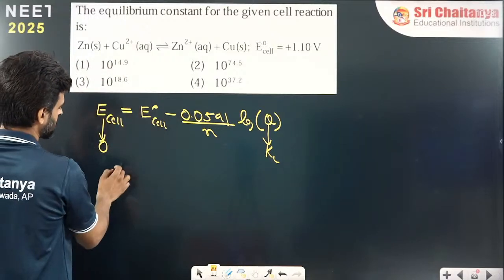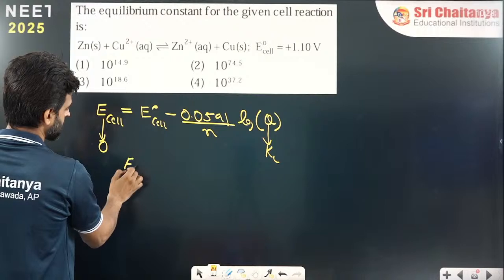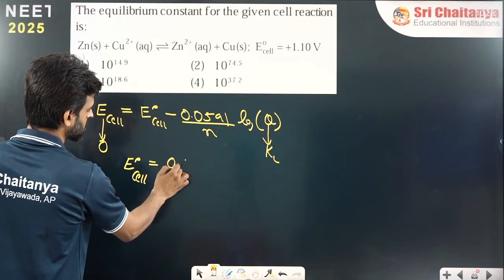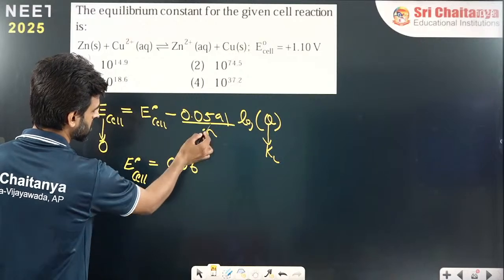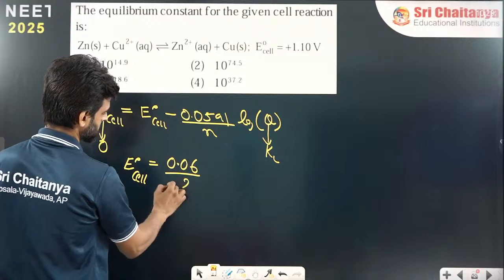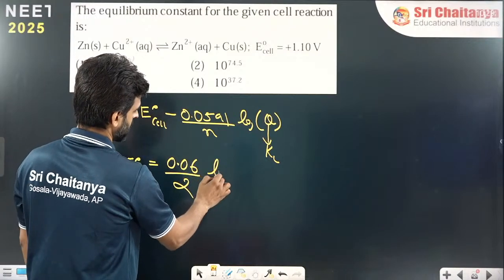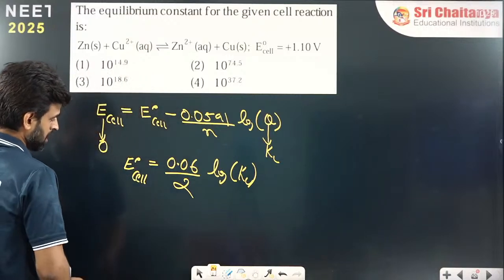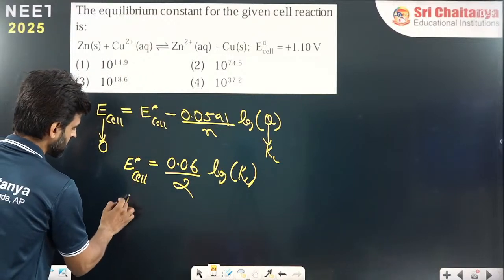So what will come here, you see carefully: E naught cell equals 0.0591, almost 0.06 I can take, by n. But what is the n value here? 2, right? What is left? Log Kc. So E naught cell value is given, so we can find log Kc from here.